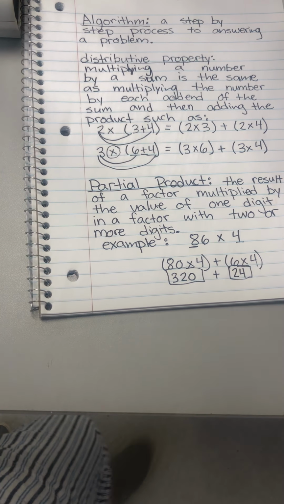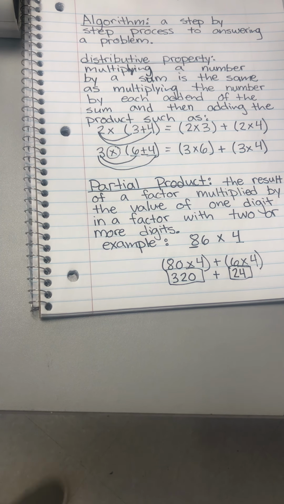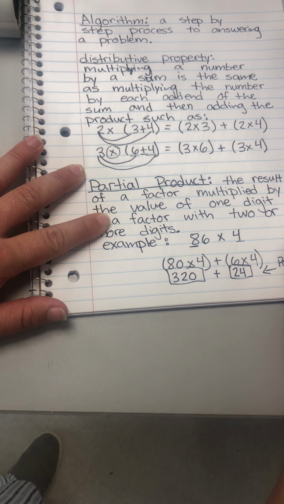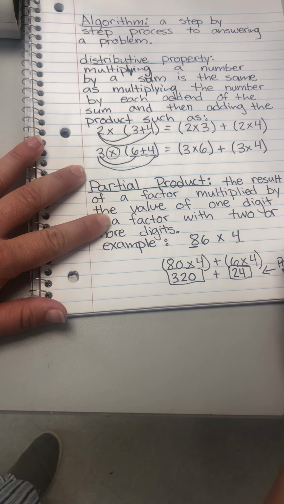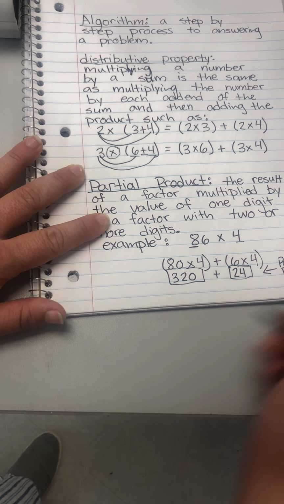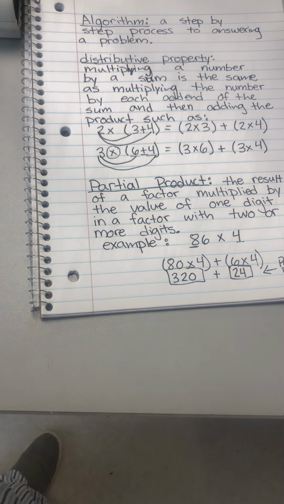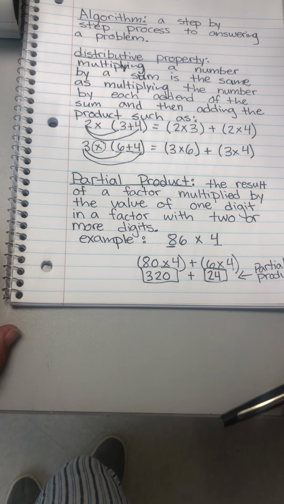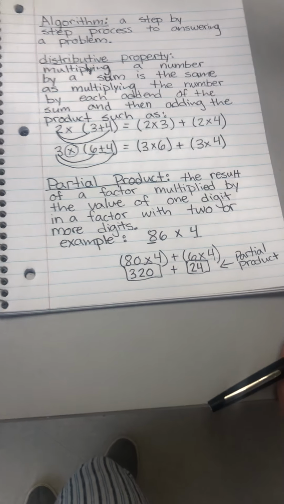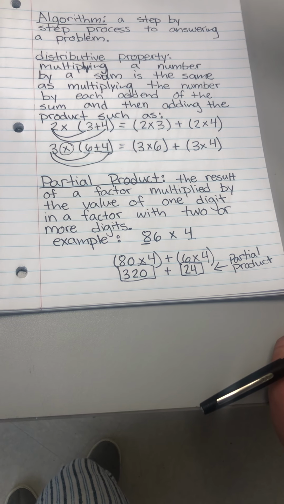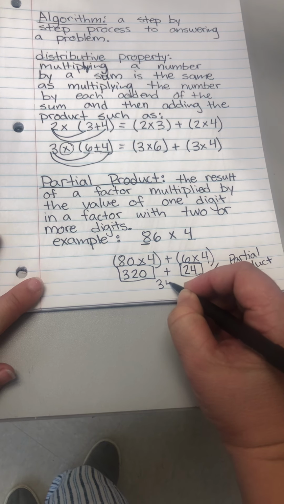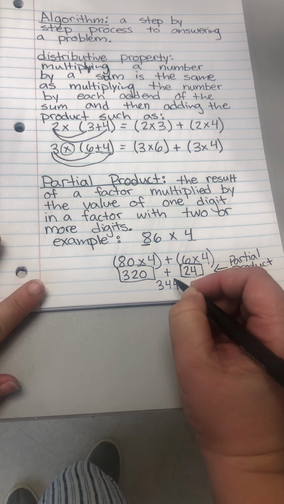It's part of the whole. And that's why partial product. So then when you add them, you would get the answer. It's the same as if you did standard, which would be 344.